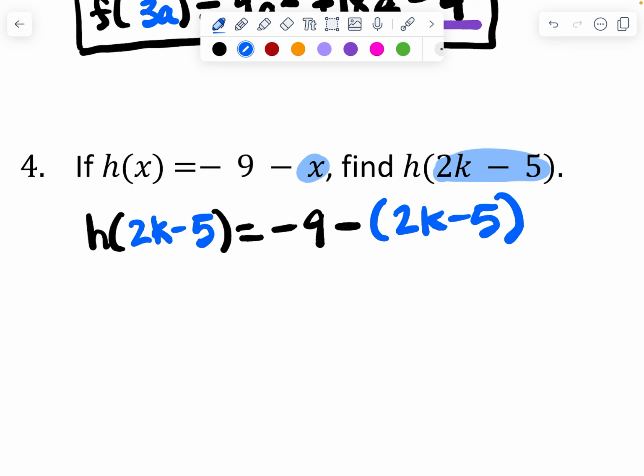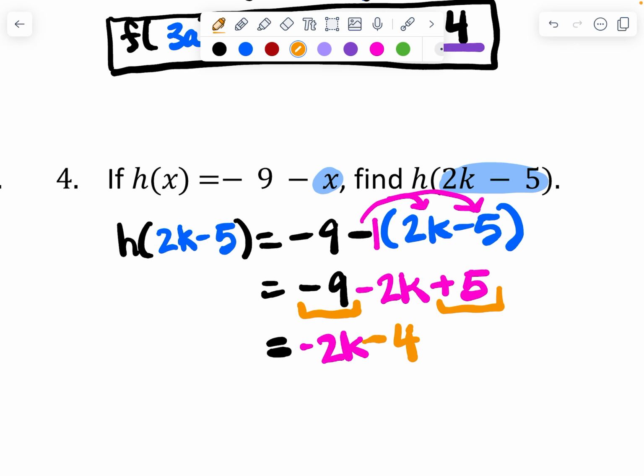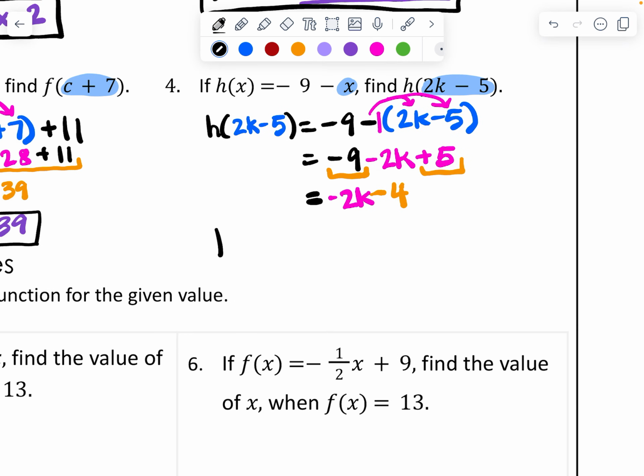That's important here because I do need to distribute a -1. So I have -9, and then -1 times 2k is -2k, and -1 times -5 is +5. Now I can combine like terms of -9 and +5. So I have -2k minus 4. Written in function notation, h of 2k minus 5 equals -2k minus 4.